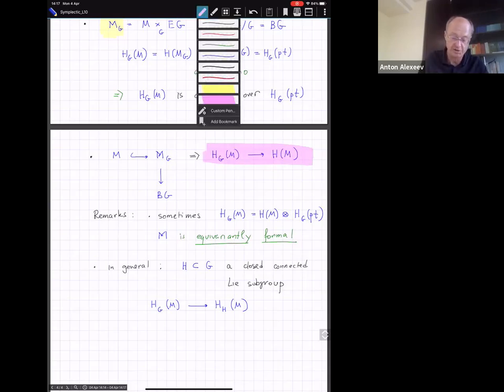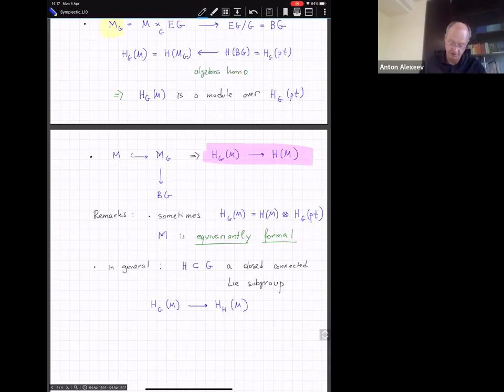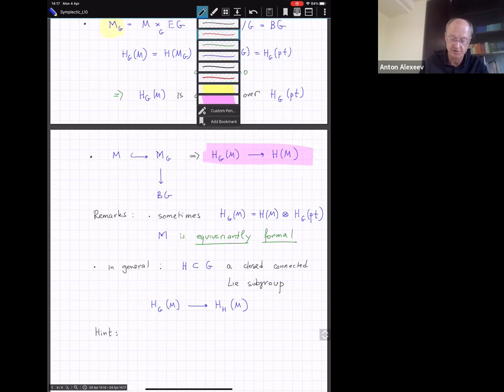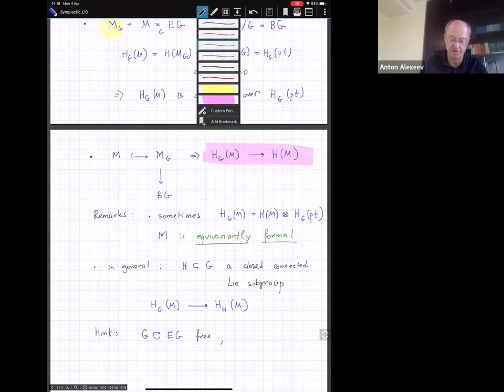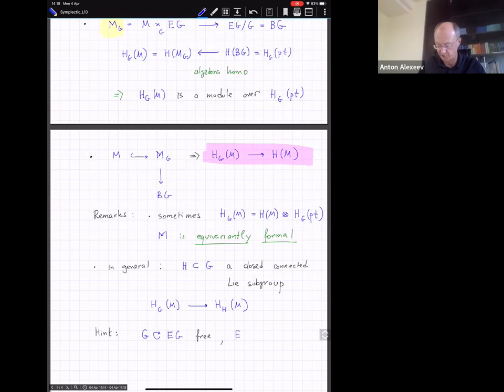Just to give you a hint why this is true, suppose we have an EG, so the action is free and EG is contractible. That's the definition.